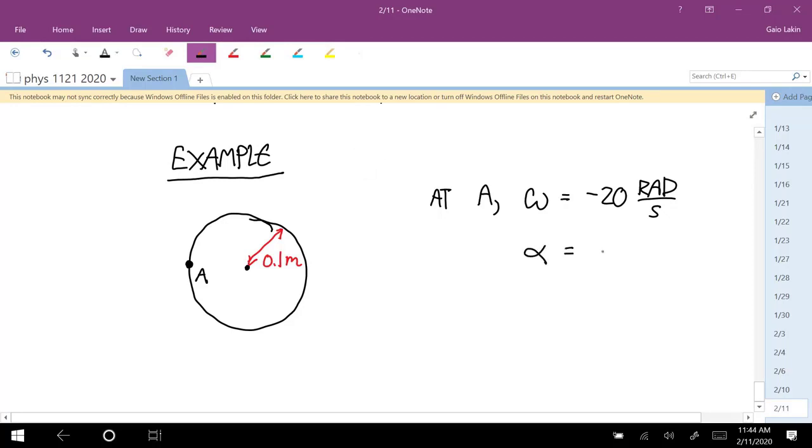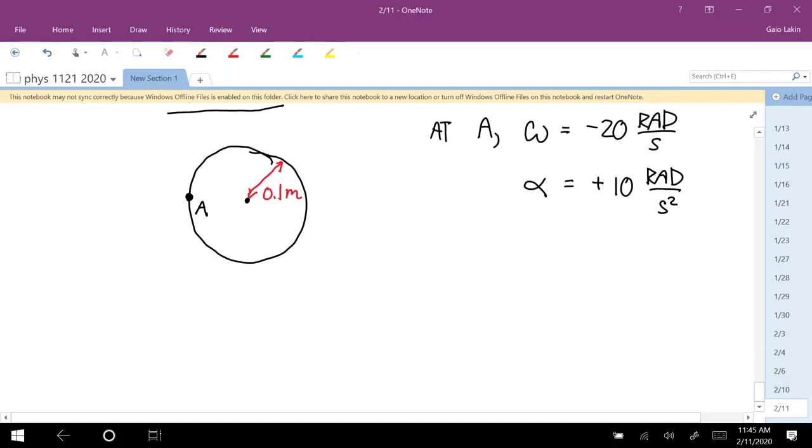Alpha is equal to positive 10 radians per second squared. And we want to know what the velocity vector and the acceleration vector are at that point.